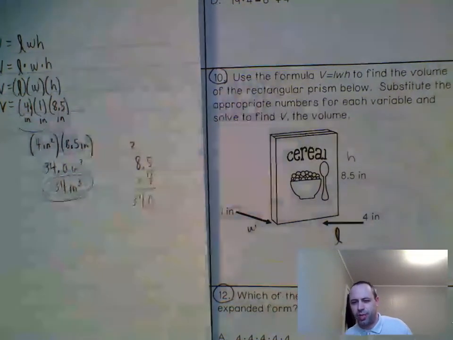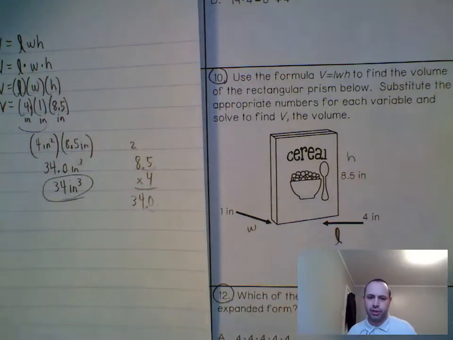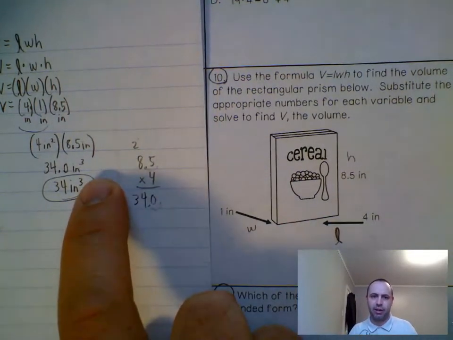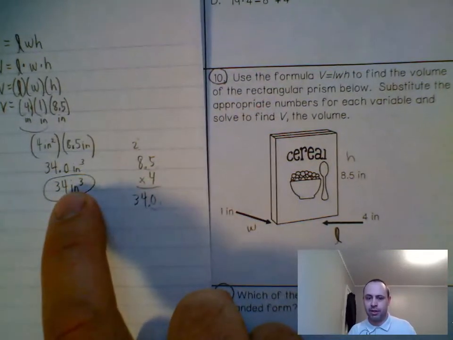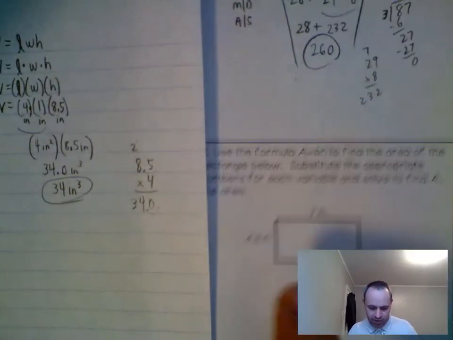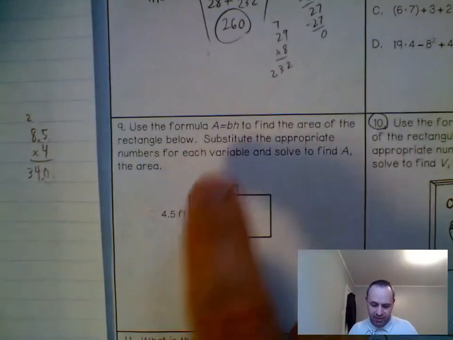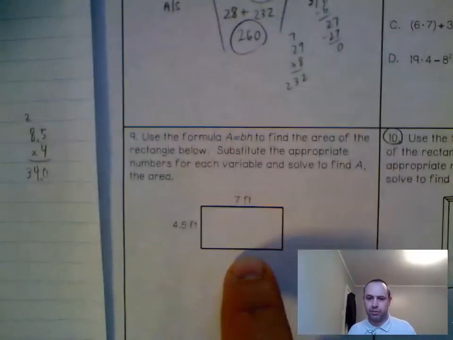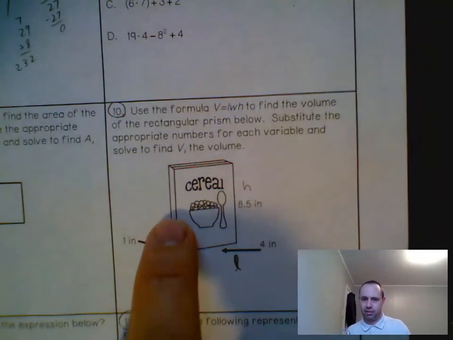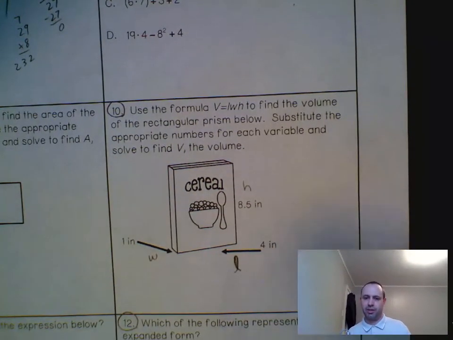That's a two-dimensional figure, length times width, so your final answer would be to the second power. So when you're dealing with ones like number 9, which deal with the area of a two-dimensional figure, that will be to the second power. When you're dealing with ones like this, that's going to be to the third power because it's a three-dimensional figure.